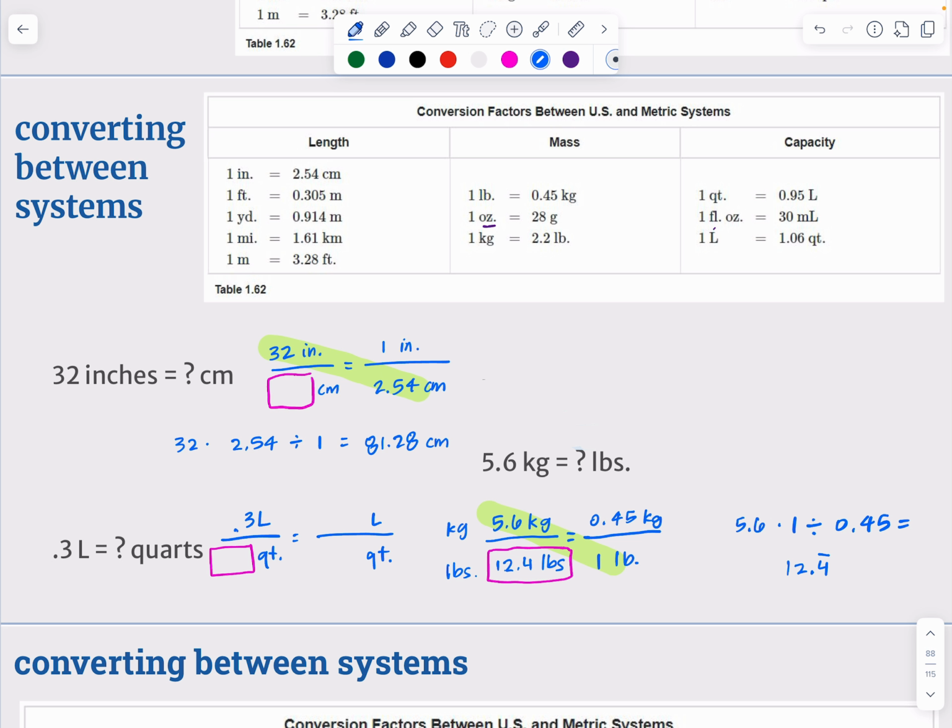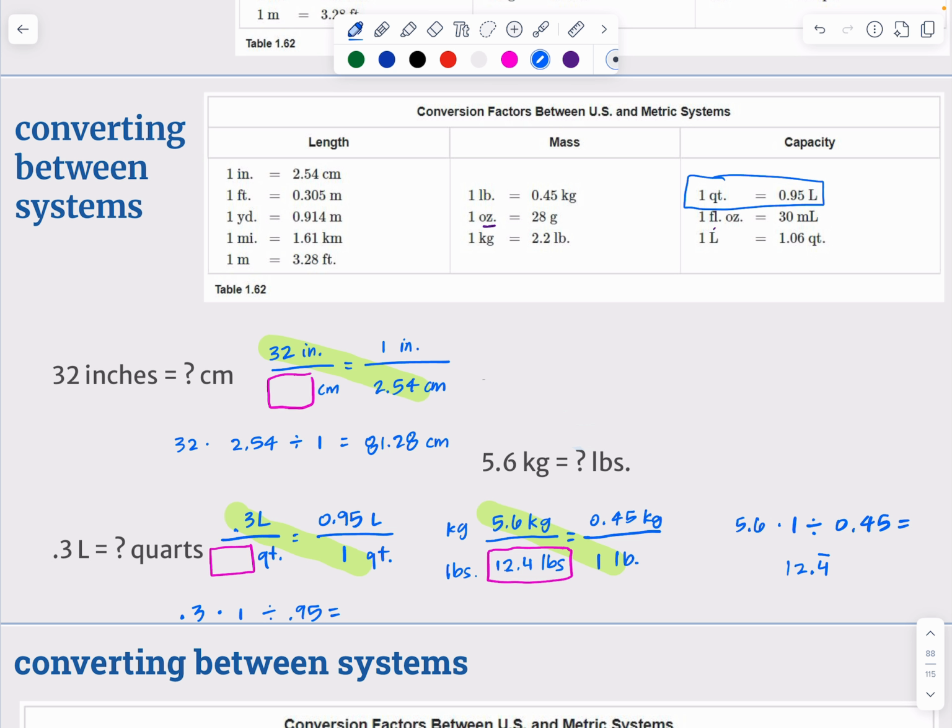And again, here I've got two choices. I'm going to do the top one again. And I'm going to say that 1 quart is 0.95 liters. And then I'm going to cross multiply. So I'm going to multiply 0.3 times 1 and divide that by 0.95. You can grab your calculator, work that out.